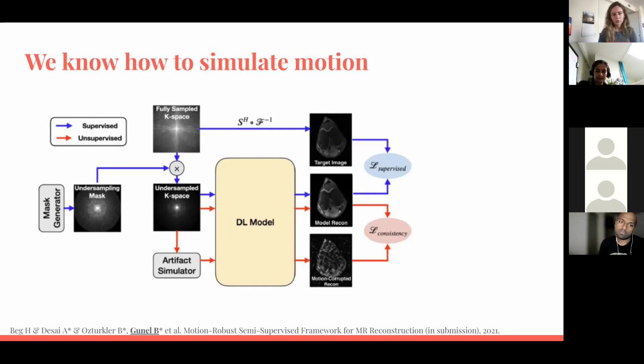This is again a similar scenario where you only have access to a few supervised volumes and a lot of unsupervised volumes. The artifact simulator in this case is simulating motion, because we know how we can simulate motion, at least pretty simplistically, in k-space. So we can teach the model to map motion corrupted and not motion corrupted to the same thing. That's the consistency path.